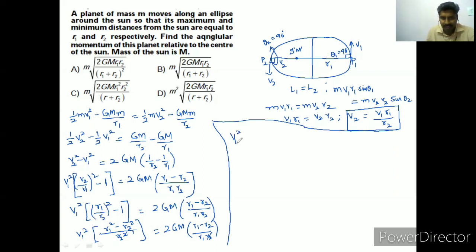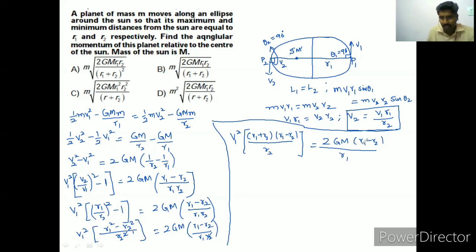Now v1 square times r1 square minus r2 square is in the form a square minus b square, which we can write as a plus b into a minus b. So we get (r1 plus r2)(r1 minus r2) by r2 equal to 2 G M (r1 minus r2) by r1.